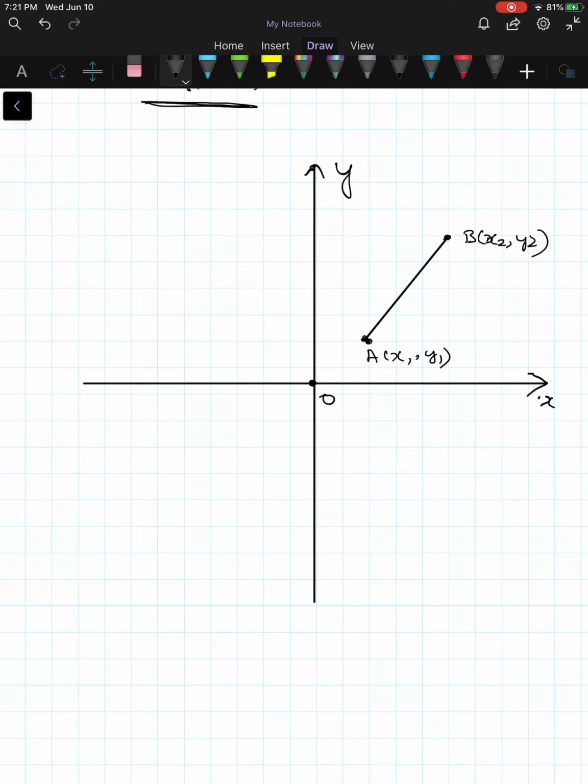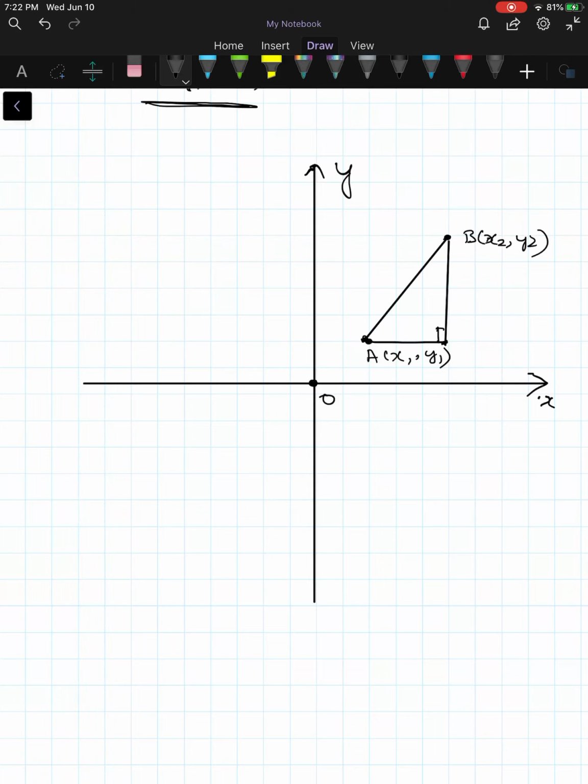So how do we do that? We shall establish a right angle triangle like this, where the right angle is at this particular vertex.